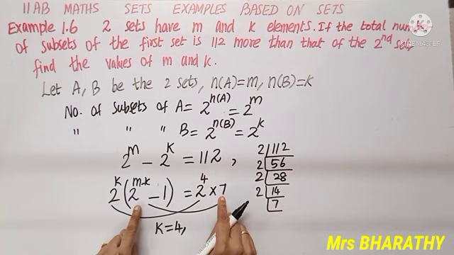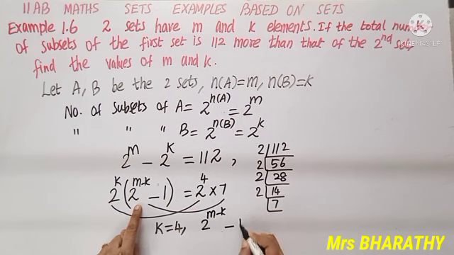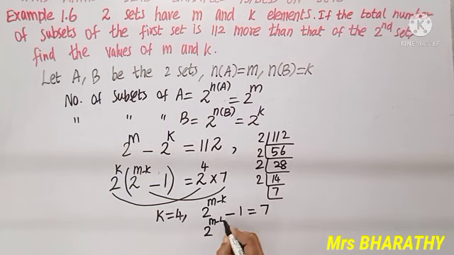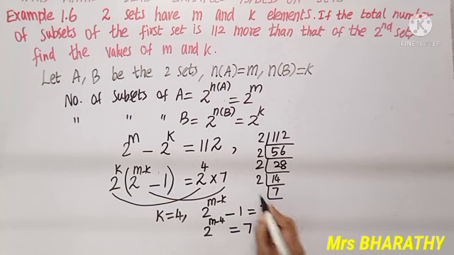Now substituting in this, 2 power m minus k minus 1 equals 7. But k is 4. So 2 power m minus 4 equals 7 plus 1. 2 power m minus 4 is, this is 8, which can be written as 2 power 3.